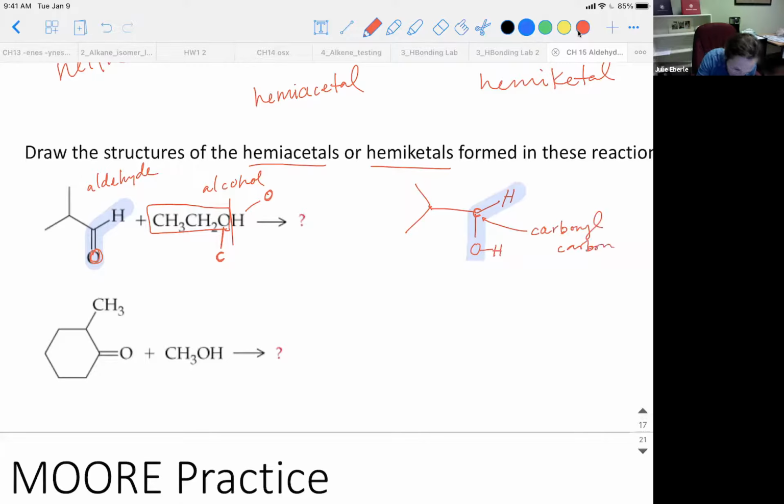I'm going to highlight this hydrogen in green. This is the hydrogen that was on my alcohol, and now it is bonded to the oxygen that was on my carbonyl carbon. The rest of the alcohol, I'm going to highlight in red. This whole part is now bonded to this carbon. So we have an O and then a CH2, CH3, bonded to my carbonyl carbon.